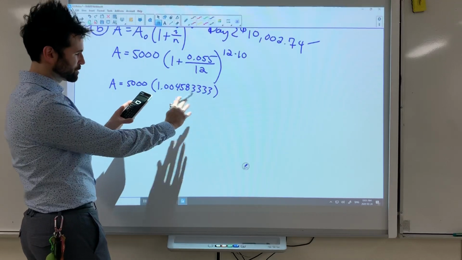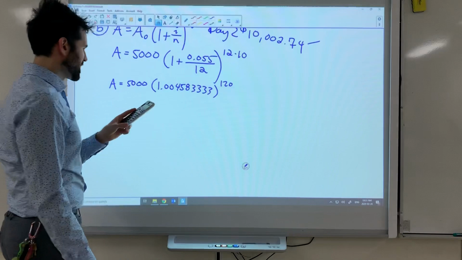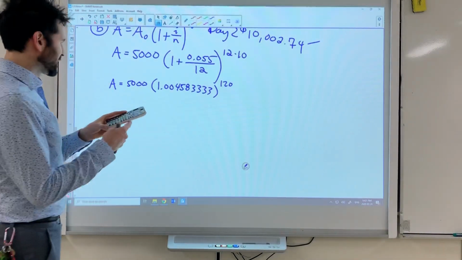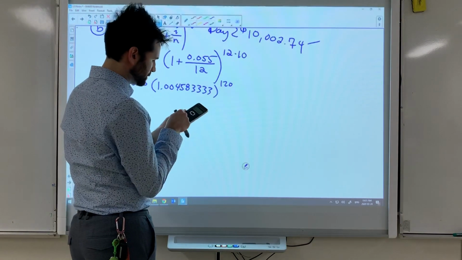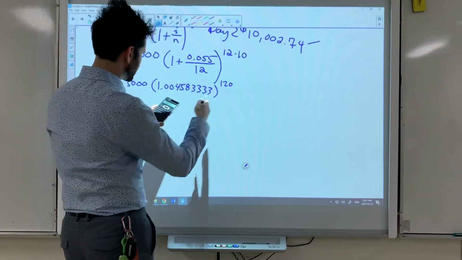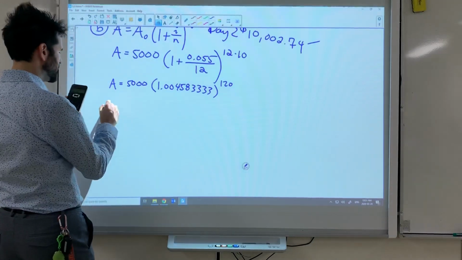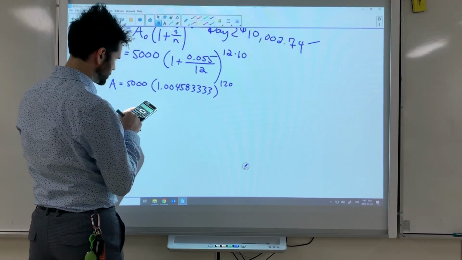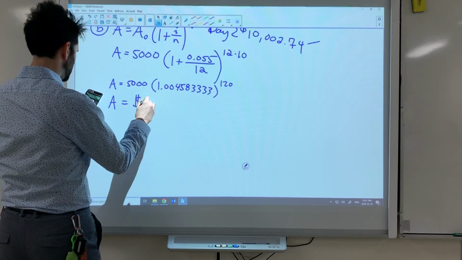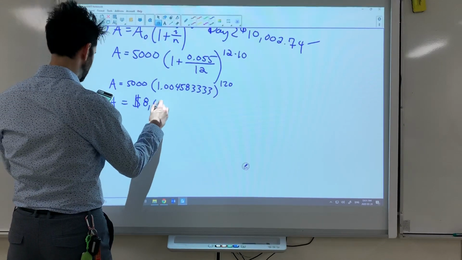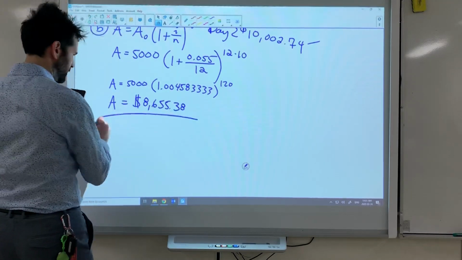Keep every single decimal point you get on your calculator, and 12 times 10 is 120. Now, last thing, take this, raise it to the power of 120, and I wouldn't write that number, I get 1.731076, keep that on your calculator, and then just multiply it by 5,000, and then write that answer down. So it's 8,655.38. There. All right.